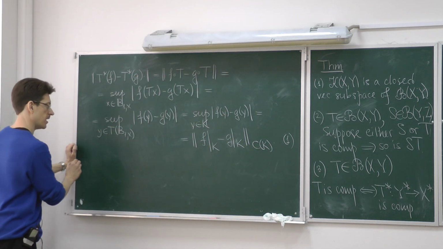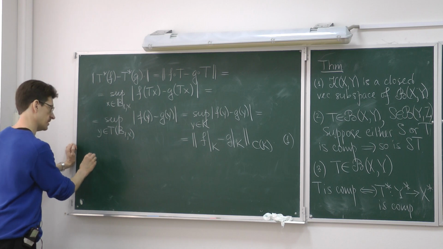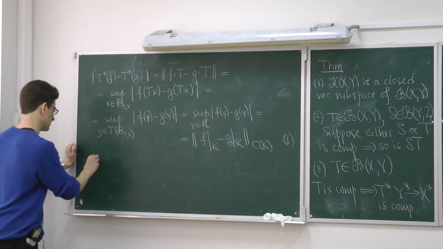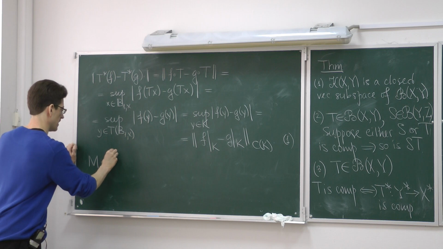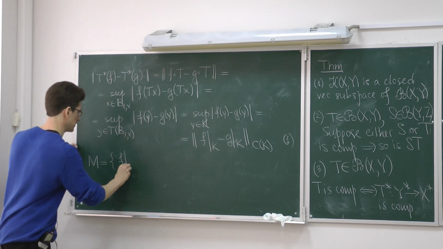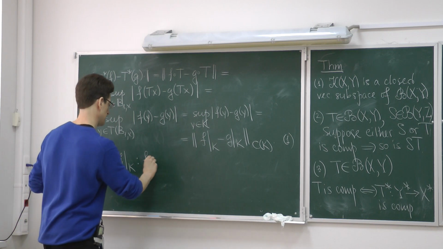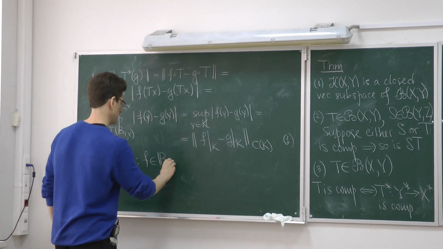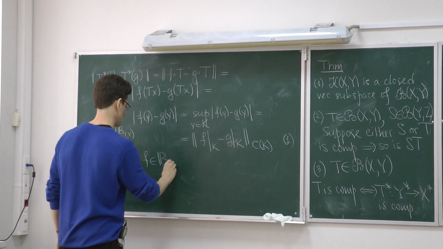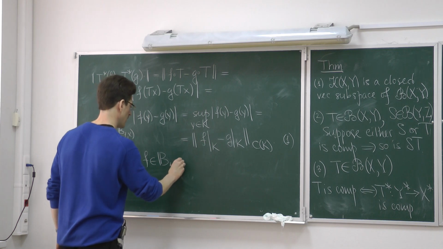First of all, let's introduce some notation. We denote by M the set of all restrictions to K of all bounded functionals on Y, which belong to the unit ball.